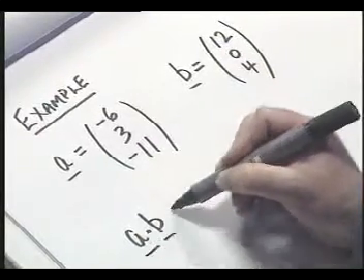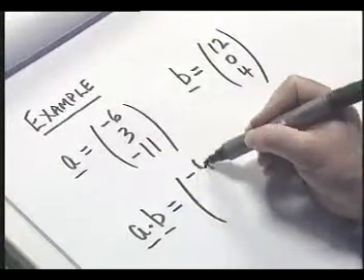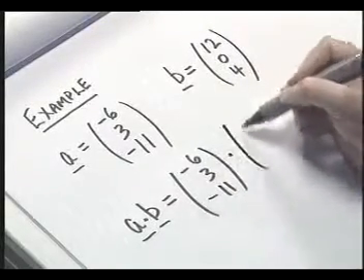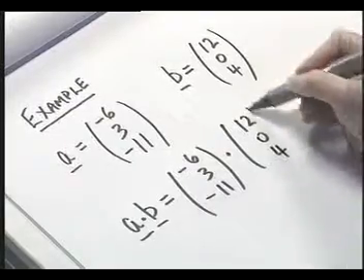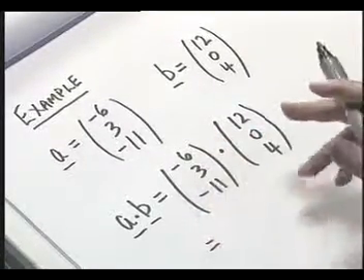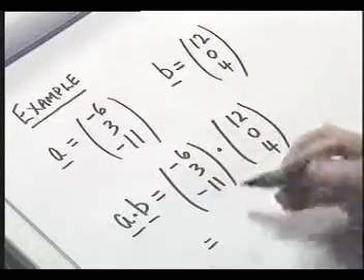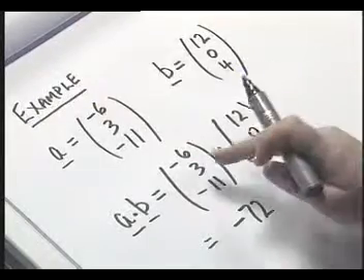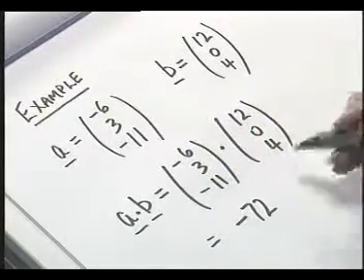So the dot product A dot B will be minus 6, 3, minus 11, dotted with 12, 0, 4. And in the column vector notation, it's so easy to work this out. We want minus 6 times 12, which is minus 72. 3 times 0 is 0.